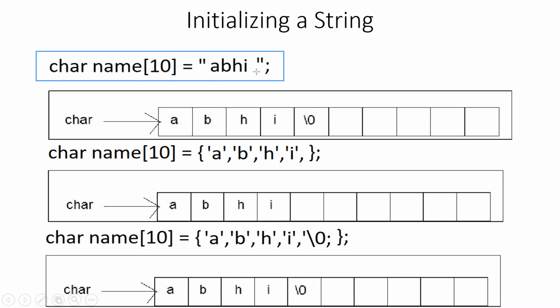When you assign a value within double quotes to a string, it is automatically terminated using a null character. If you look at the memory representation, the first character in the array is A, the second is B, the third is H, and the fourth is I, and it is automatically terminated with a null character.